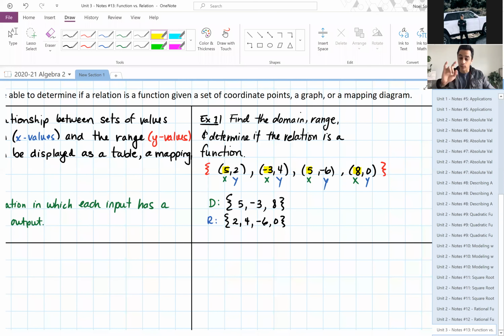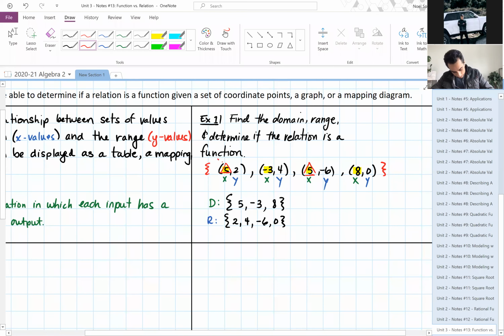I have 5. It shows up twice. 5 is here, and 5 is also here. What do you notice the first time we see 5? What is the output? It's 2, right? But then you see 5 again, and this time, what's the output? Then you have -6, right?